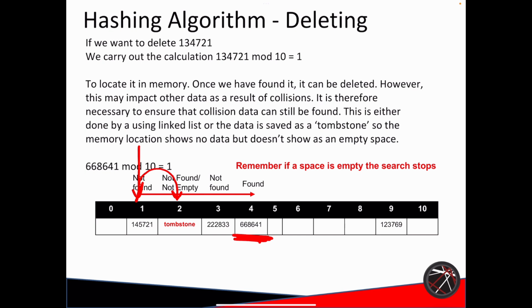That's a problem. Instead, what we can do is use what's called a tombstone. The tombstone shows that that's an empty space, but it can't be considered a pure empty space because that would stop the algorithm. It says that there was data once here, there was a collision once before, and therefore the computer knows to keep looking, of which it will then find the data and it's correct.